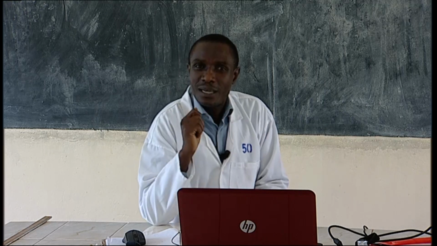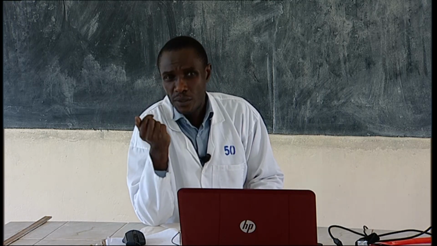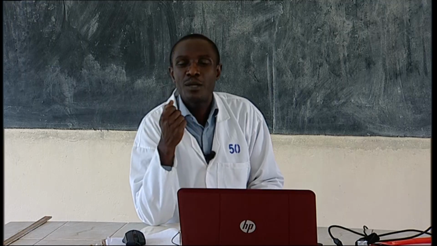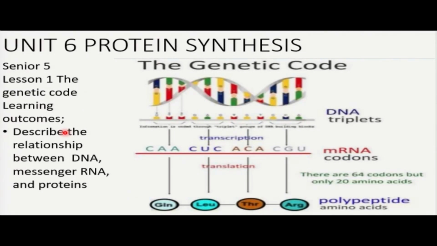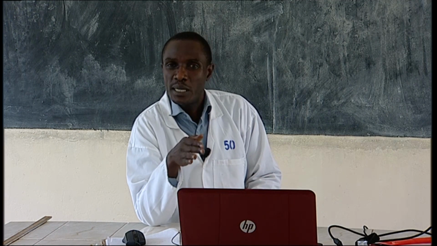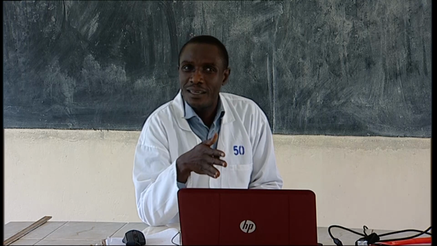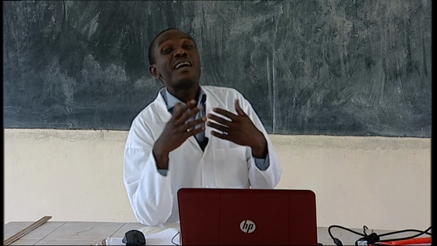So let's get back to a few small things before we move on. We talked about the DNA and the different forms of RNA in the previous lessons, where we looked at the chromosome, then the components, then DNA and RNA, the differences between the two, and other forms of RNA.